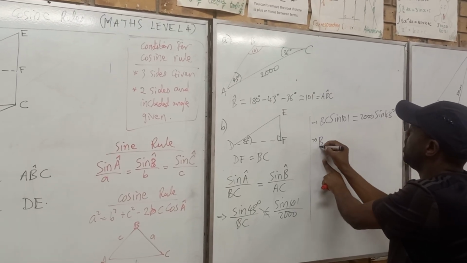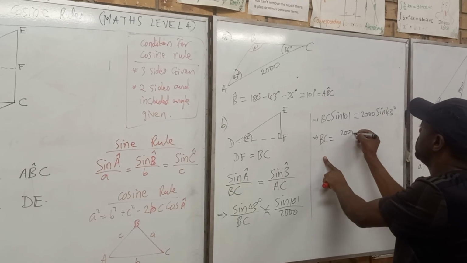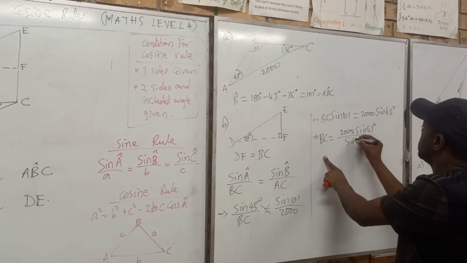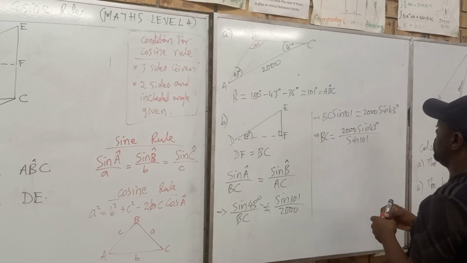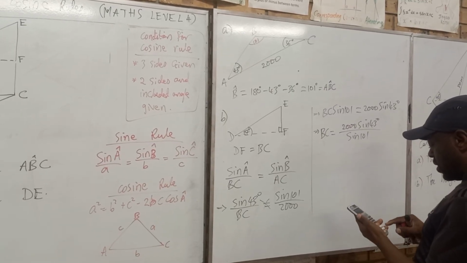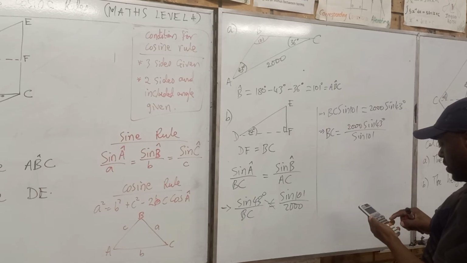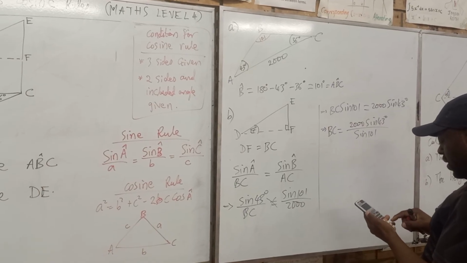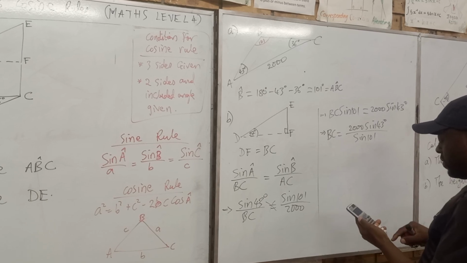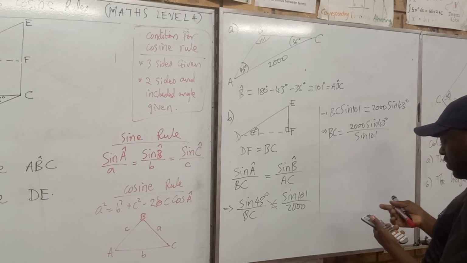Then BC should be 2000 sine 43 over sine 101. Let me compute that on my calculator. So I get 2000 sine 43 divided by sine 101. That gives me my BC.